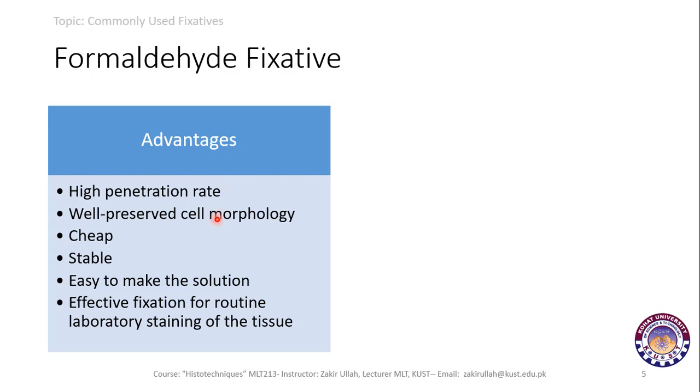The cell morphology is very well preserved by using this fixative, and formaldehyde is cheap as compared to the other fixatives, and this is also one of the reasons why it is used routinely throughout the world. It is a stable compound, that it does not hyper-react with the other tissues or other fixatives.